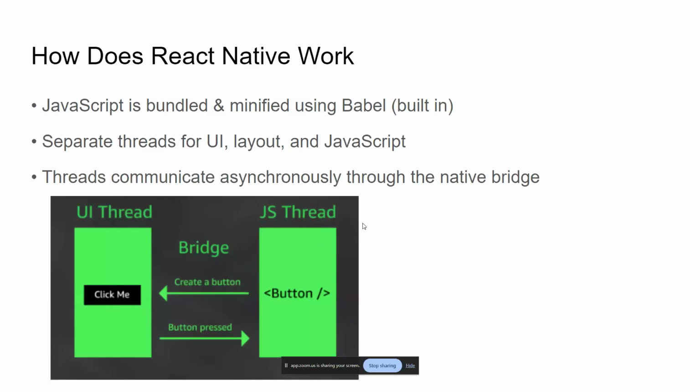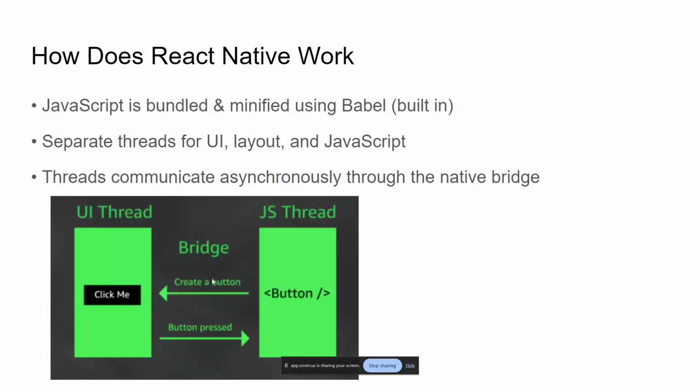We define one JavaScript and combine it with the UI code, and the bridge performs the threading combination, like minification, and shows it on the UI thread. Once we do any action on the UI, it captures that action, and the bridge sends it back to the JS thread to perform the function.